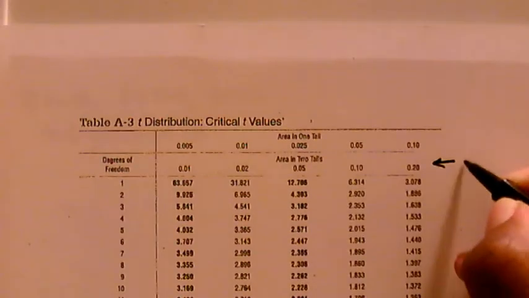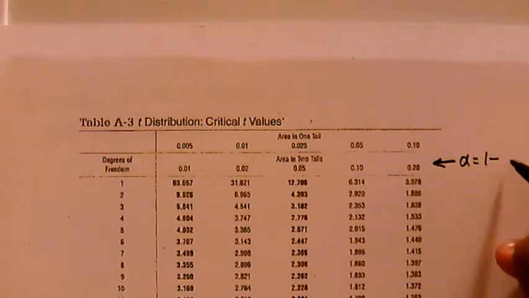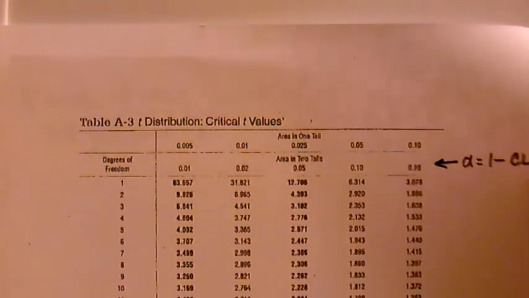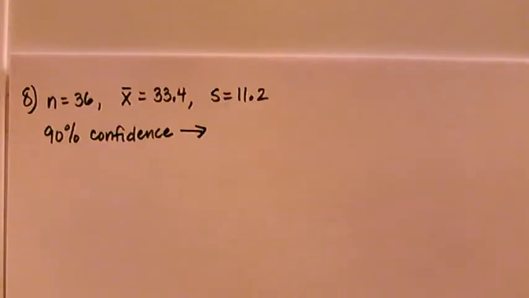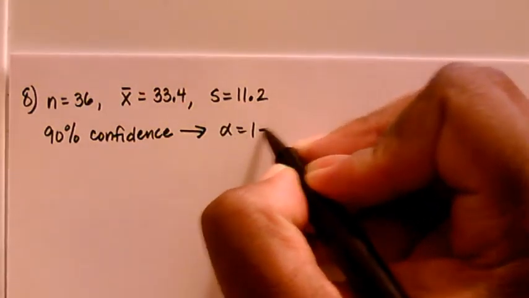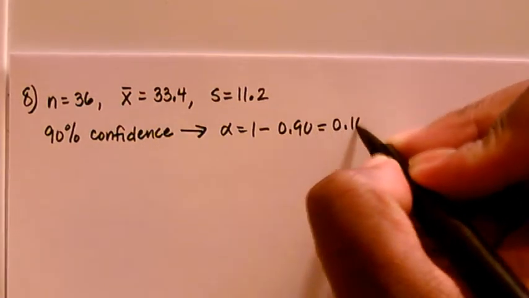So to find your alpha level, you always do 1 minus whatever that confidence level is given to you. Okay? Now in this problem, we're given a 90% confidence. So that means your alpha level will be 1 minus 0.90, which is going to be 0.10.